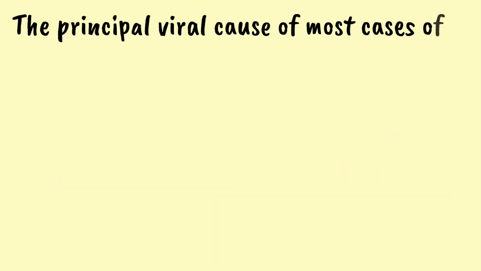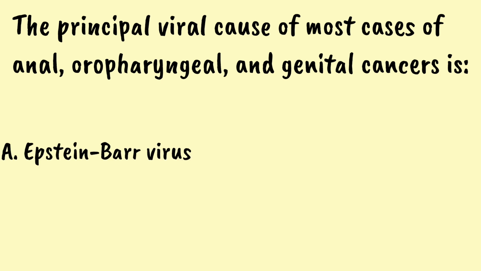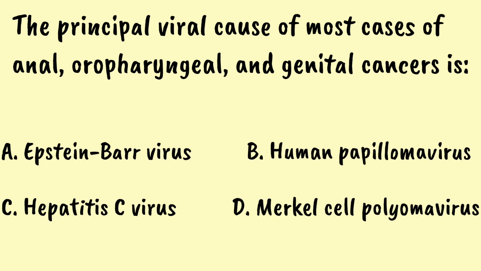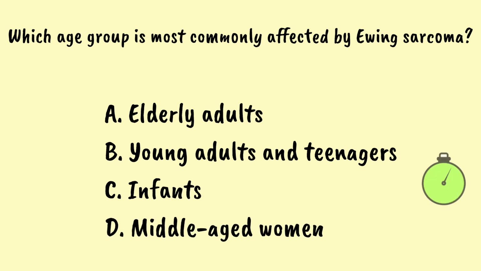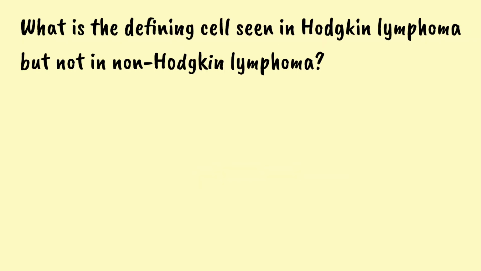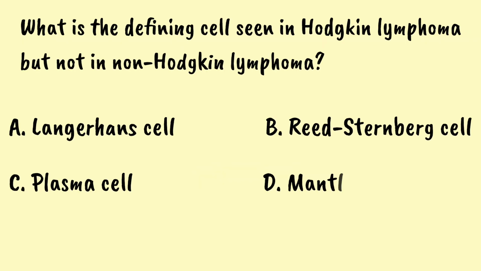The principal viral cause of most cases of anal, oropharyngeal, and genital cancers is... Which age group is most commonly affected by Ewing sarcoma? What is the defining cell seen in Hodgkin lymphoma, but not in non-Hodgkin lymphoma?